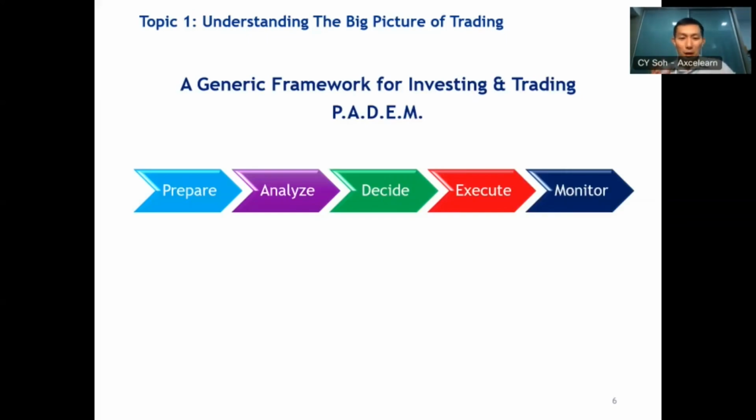Now, this framework may seem simple, but don't let it fool you, because many unsuccessful traders make a lot of mistakes that actually fall into 3, 4, or many of these areas. Investing and trading is actually about having the discipline to follow the sequence step by step. You need to follow the processes.